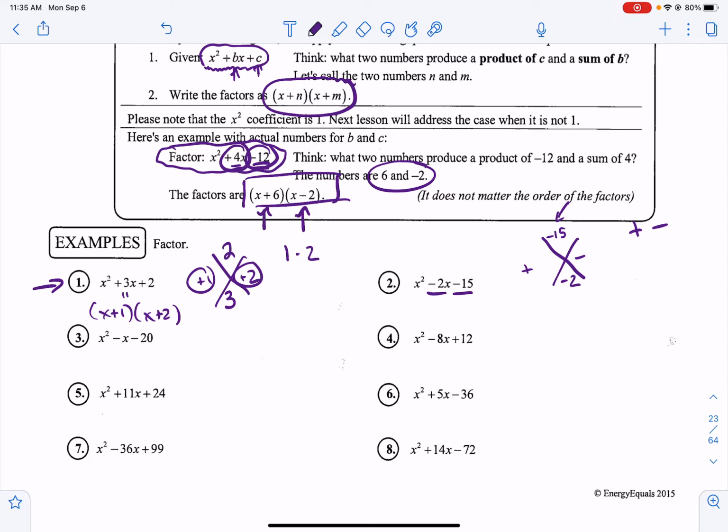Because if I didn't know that that was the case and I just started saying, well, 1 and 15, that multiplies to be 15, but those add up to be 16. Well, yes, but they have to multiply to be a negative 15. So one of those has to be a negative. 3 and 5, those also multiply to be 15, but one of them has to be negative.